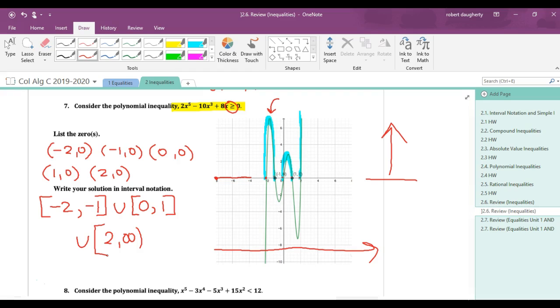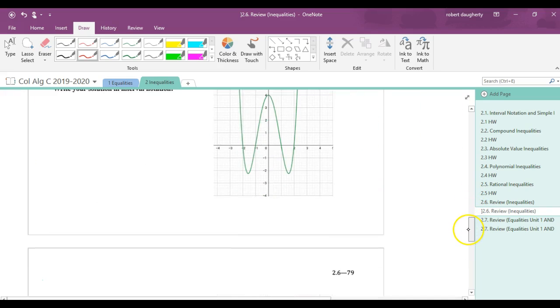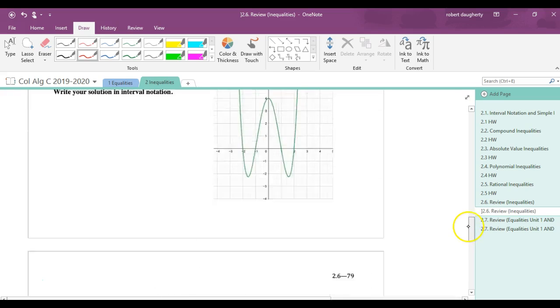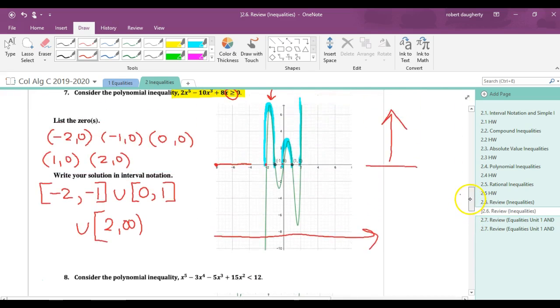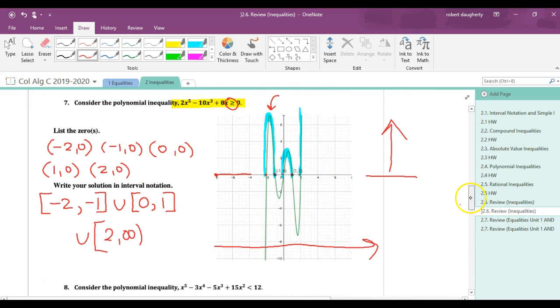Now, suppose I had asked for where 2x to the 5th minus 10x cubed plus 8x is strictly less than 0. Then I would be talking about this portion, and this portion.